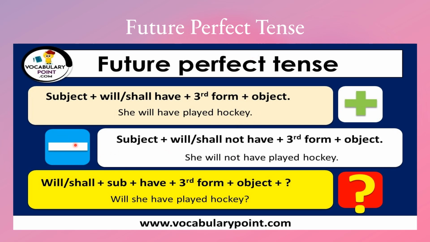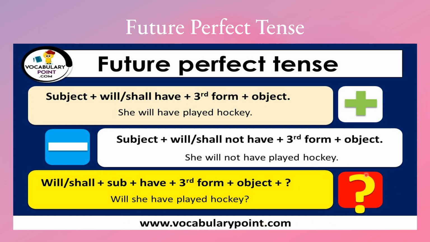For negative sentence, it will be your subject plus will or shall not have, your third form of your verb, and then your object. So she, which is your subject, will not have played, because it's play in third form, and then your object, which is hockey. She will not have played hockey.